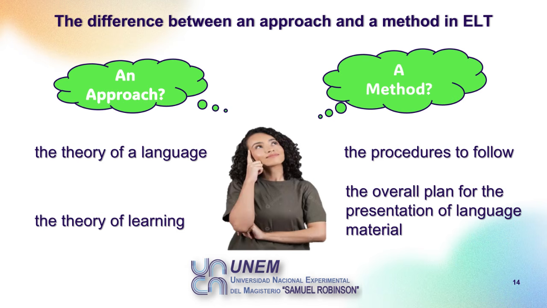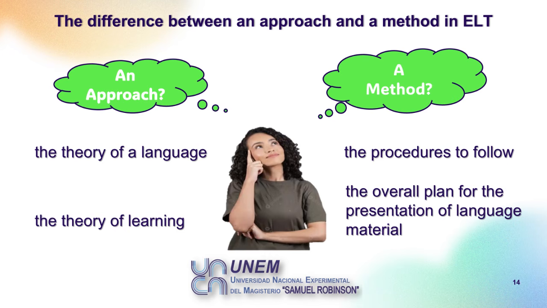And the second component of a method is that it has an overall plan for the presentation of the language material. Now, the difference is the approach covers the theory and the method is the practical steps. Okay?